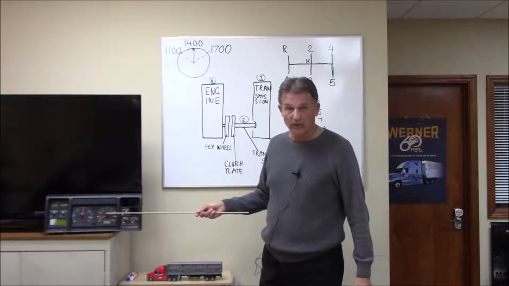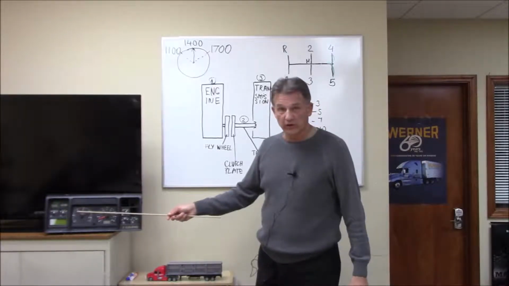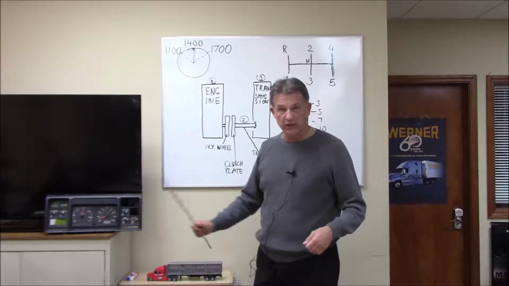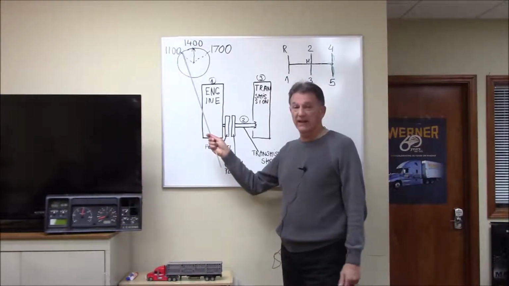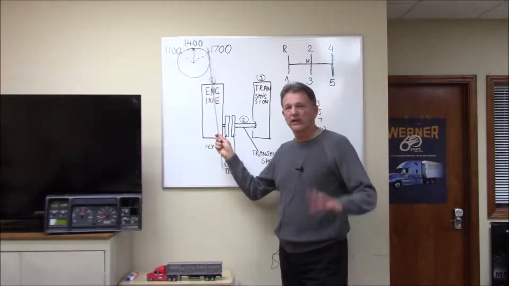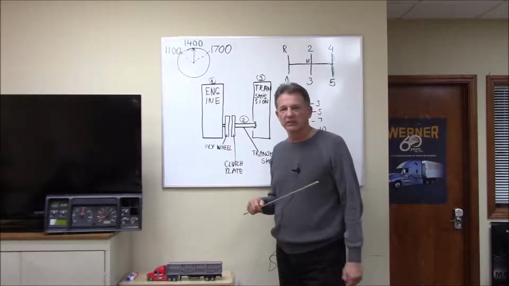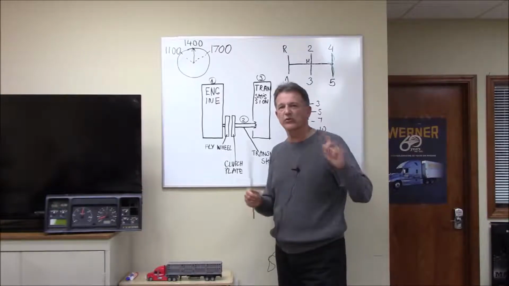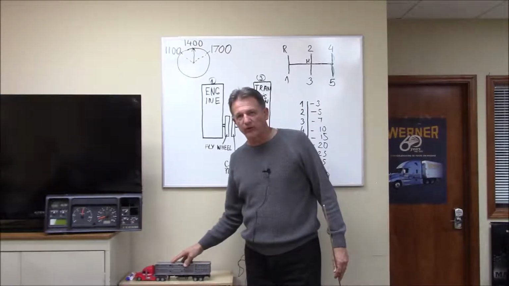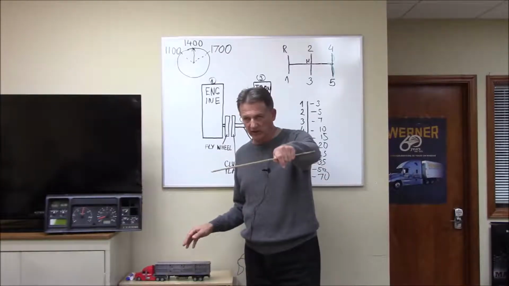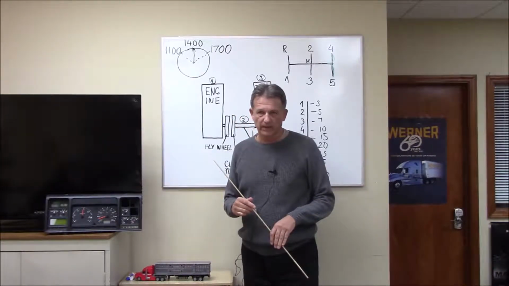This is ground speed, the speedometer. Usually when you're driving and changing gears, your engine speed should be between 11 and, let's say, 16, maybe 17. This is the range.